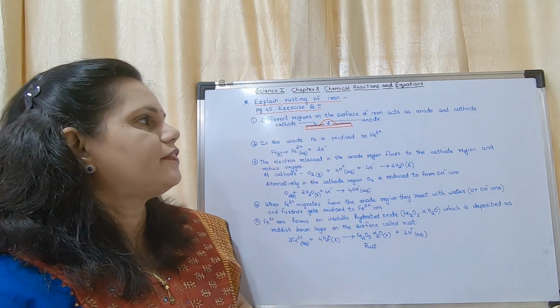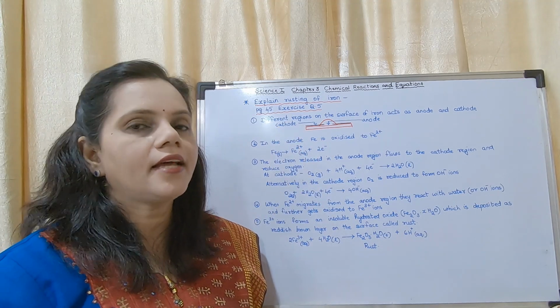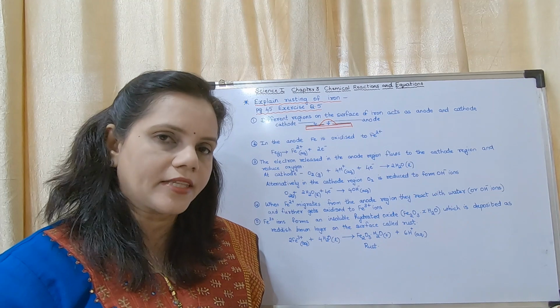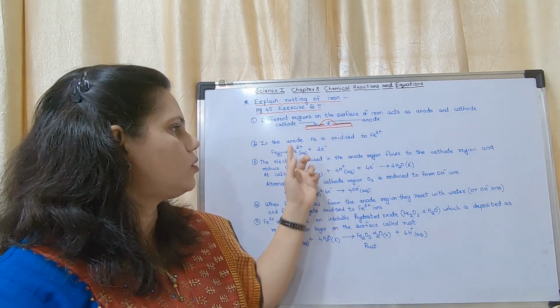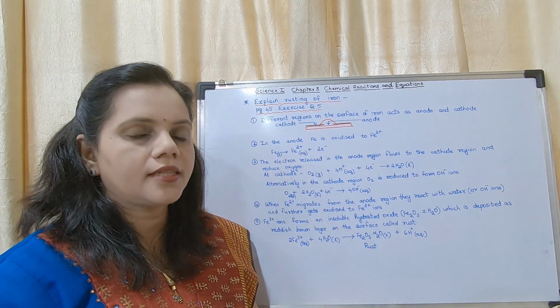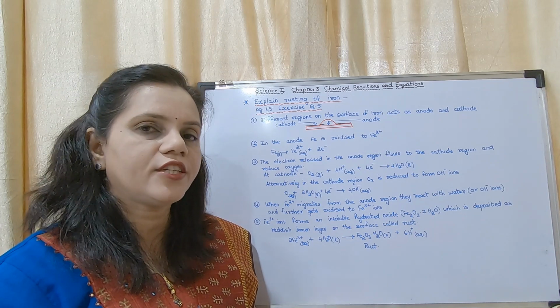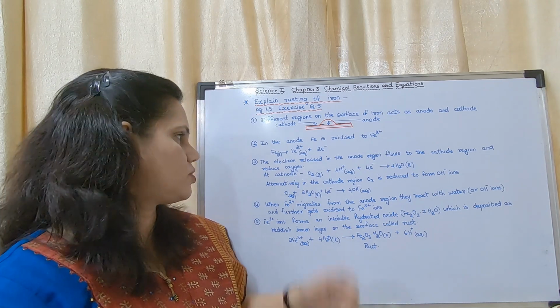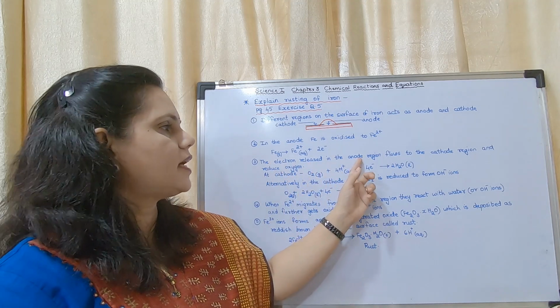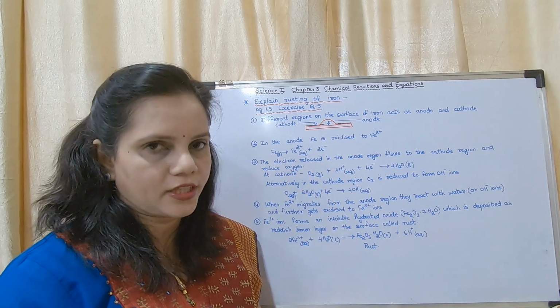First point, different regions on the surface of iron act as anode and cathode. What happens at the anode? At the anode, Fe is getting converted into Fe2+ and 2 electrons. The electrons released in the anode region flow into the cathode region.